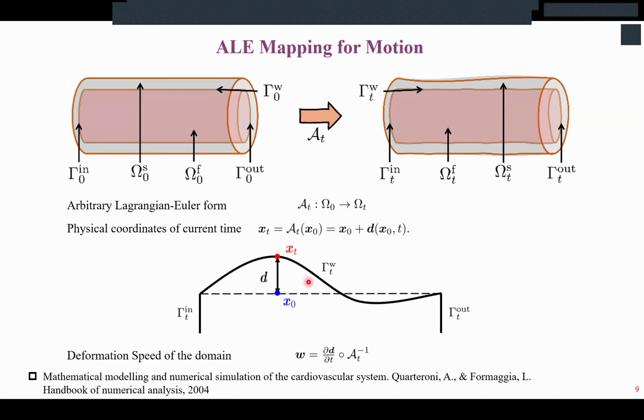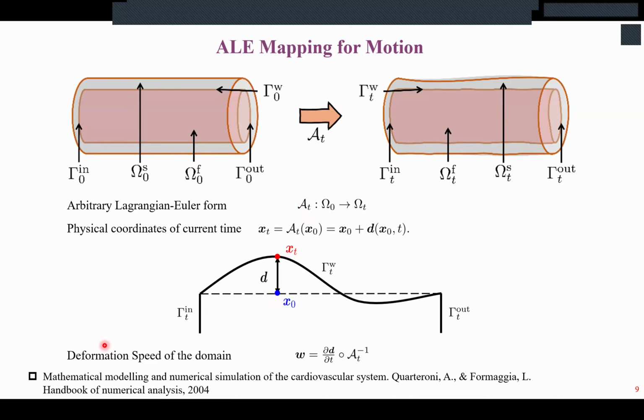So here is an illustration for this movement. If you have the displacement function over x_0, you can calculate the displacement and add x_0 with this d, so you can get x_t, which is the current coordinate. So this is basically the ALE mapping that we use to represent the domain movement.